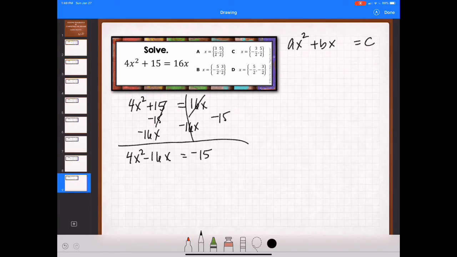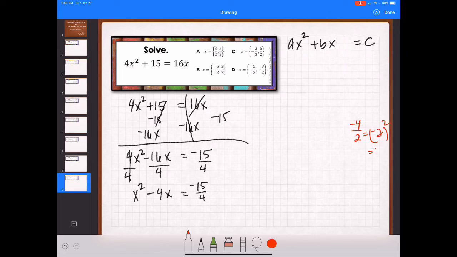Okay, now I'm going to divide by the coefficient of 4. So we have x squared minus 4x equals negative 15 over 4, which is a simplified improper fraction. I'm going to complete the square, so negative 4 divided by 2 is negative 2, and negative 2 squared is 4.